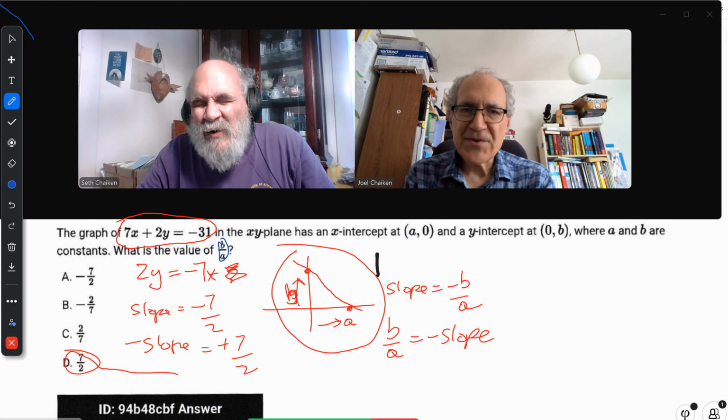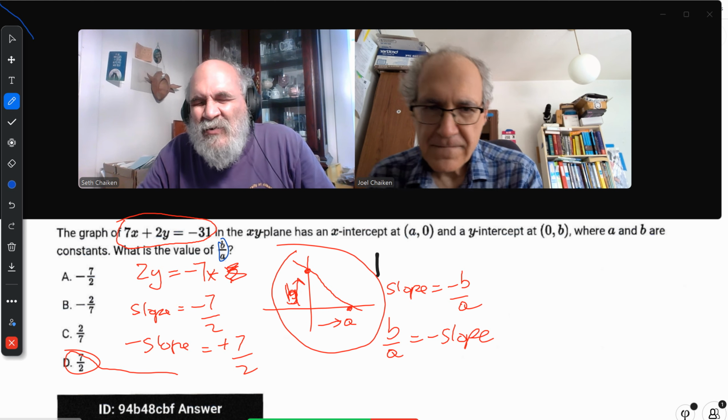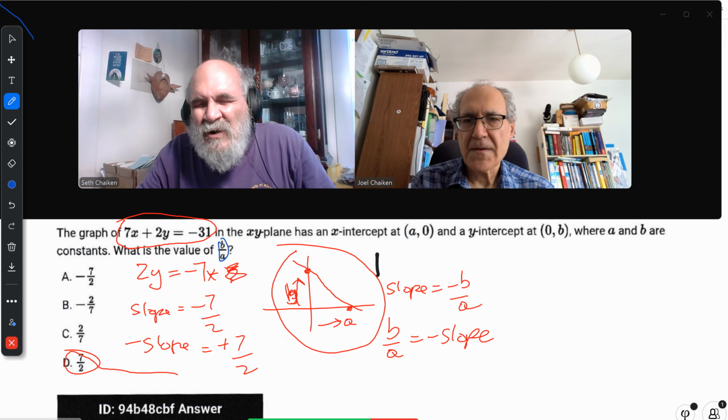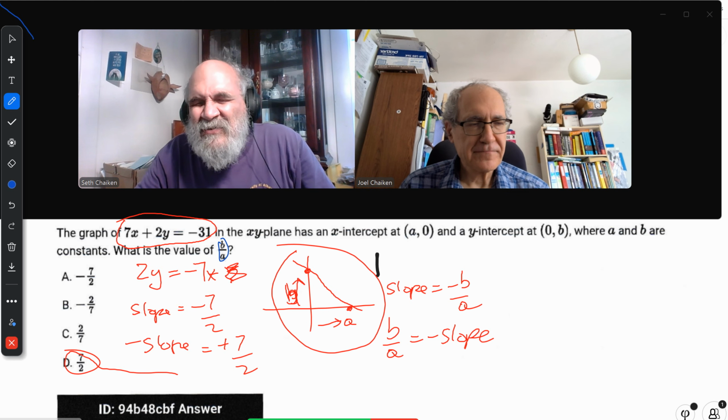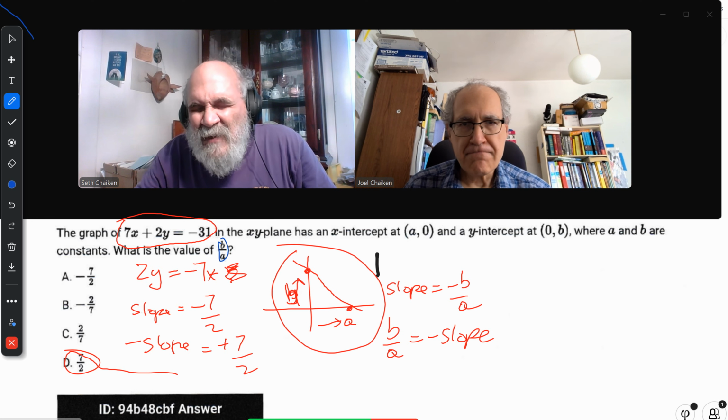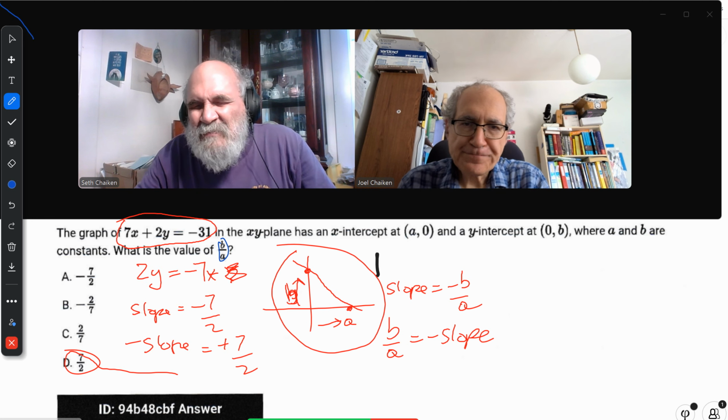That is a little confusing. So to answer the question, what I decided to do was find the slope of the line from the equation, and then remember to take the negative of it. Now the slope happens to be negative in that equation. The negative of a negative is positive.